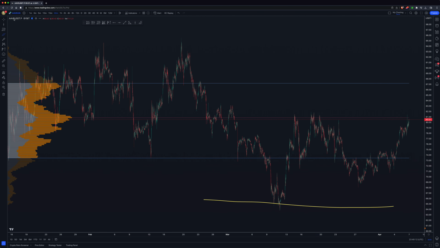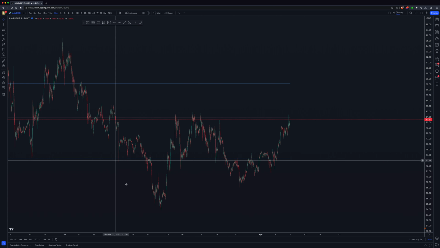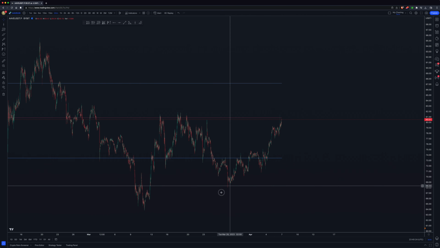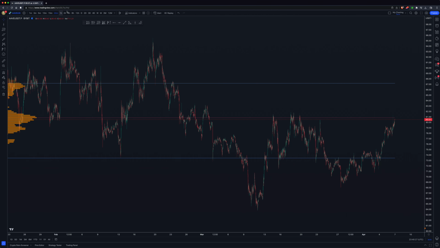Oops, sorry, I never switched back over. It is a bit overextended there.